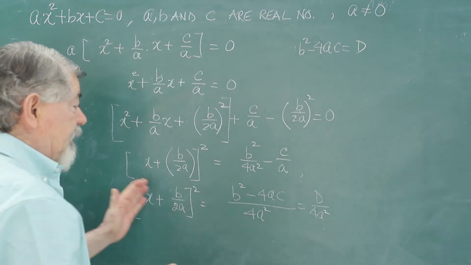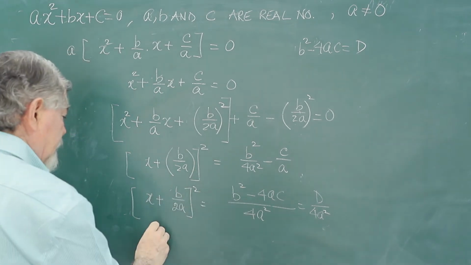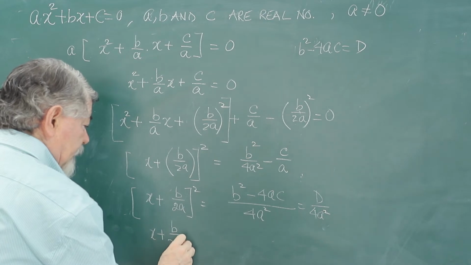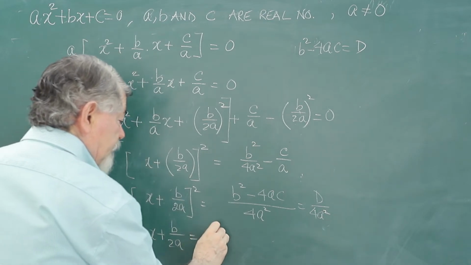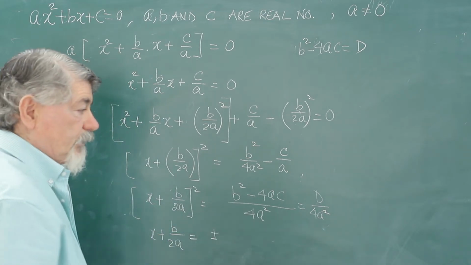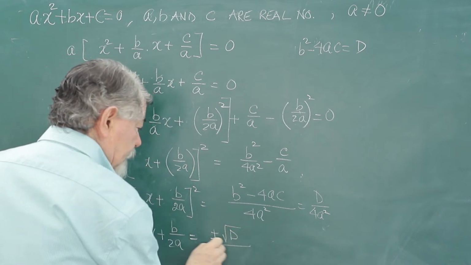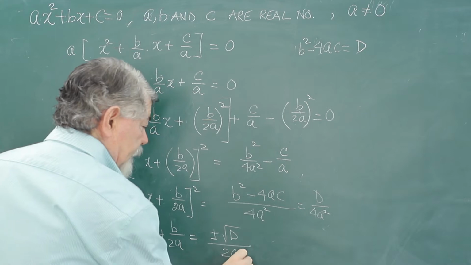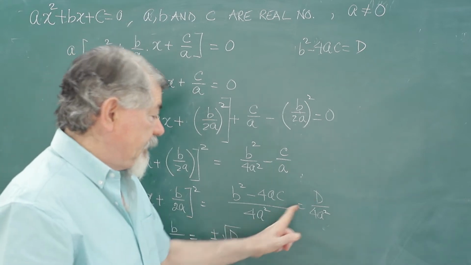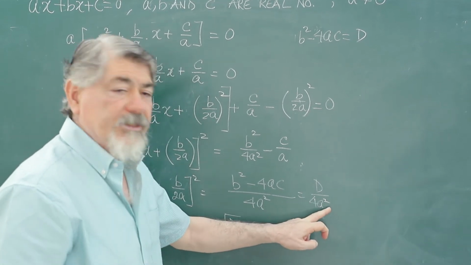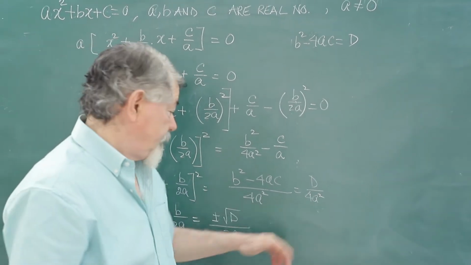Now when I take the square root from both sides, it will become x plus b upon 2a equal to plus minus, whenever you take a square root you take plus minus, under root D upon 2a. The square root of D is under root D, and 4a square becomes 2a.